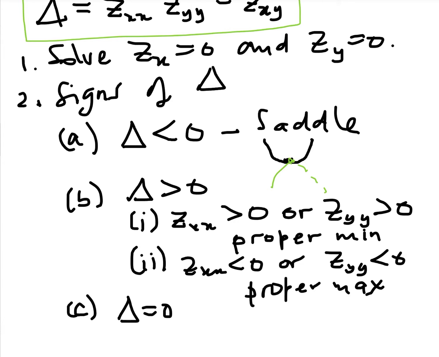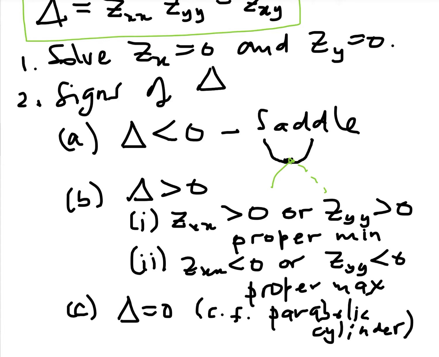So this is where I'll say compare the parabolic cylinder, and you look at examples of this. Compare the parabolic cylinder that I discussed above. So you get a whole function along which the surface is a maximum or a minimum. How do we define max or min? Again, if the second derivatives are either positive or negative.